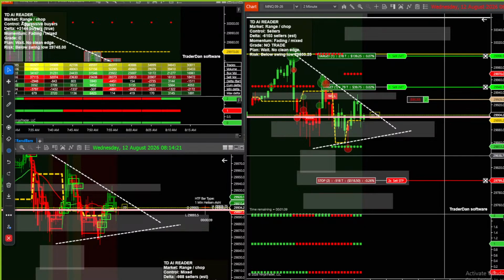If we break the low, I'll definitely jump in it because that's going to break the low of the CPI. That's going to be a big run. I don't anticipate that.